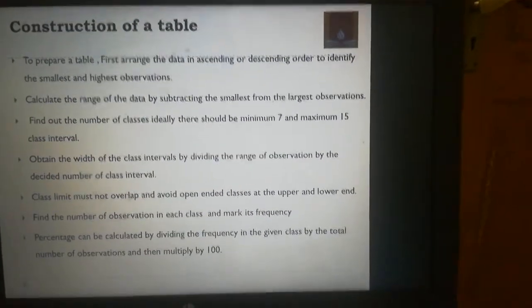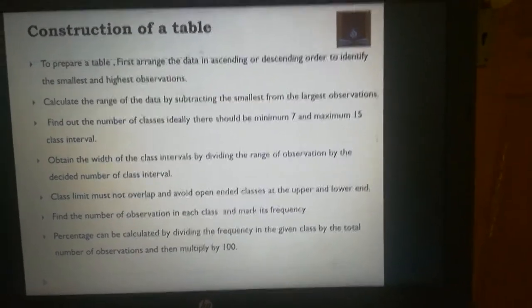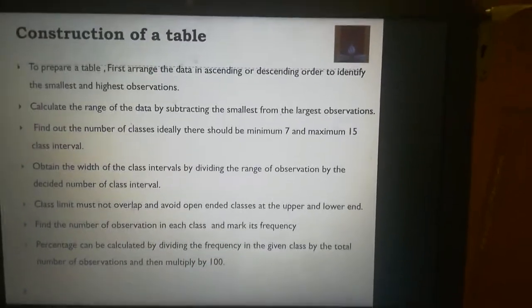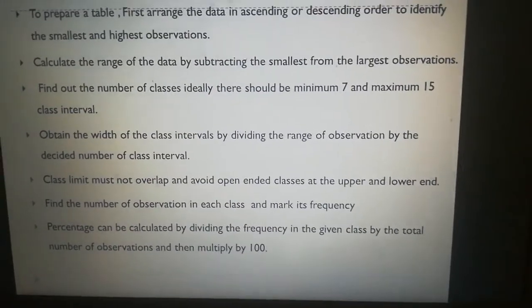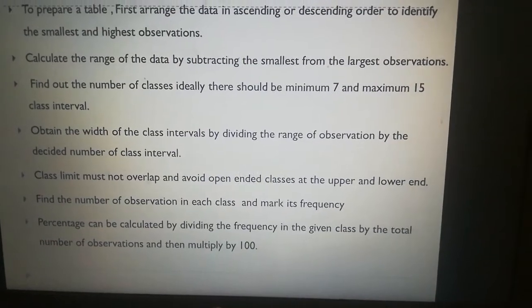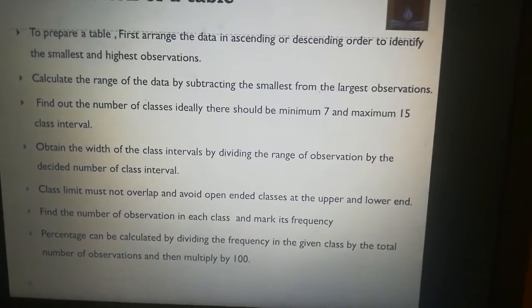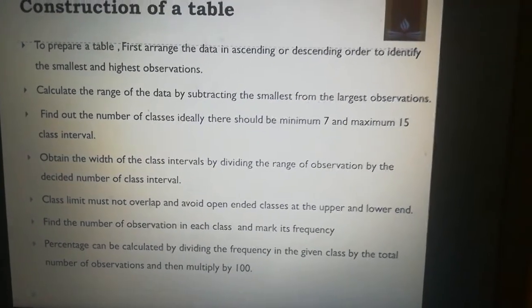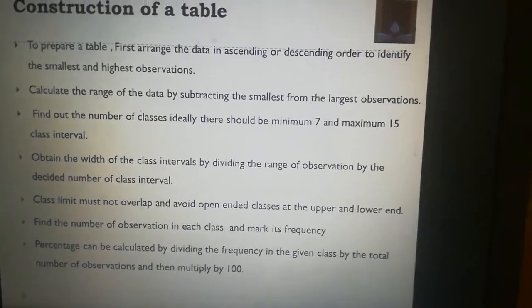Then first decide how many class intervals should be there, then obtain the width of the class interval by dividing the range of observations by the number of class intervals. The class limits must not overlap, and avoid open-ended classes at the upper or lower end.